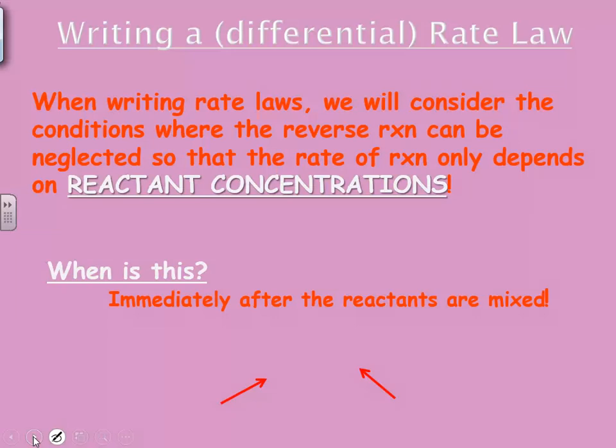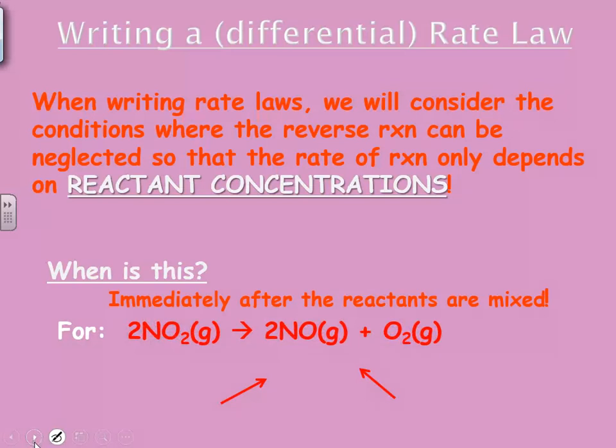This is immediately after the reactants have been mixed. Just in your mind, think about before the reactants have touched and the molecules have collided. No products have been formed. That's the point in the reaction that we are considering. Immediately as you mix the reactants and they initially start to react, that is the point in time that we are studying in this type of calculation.